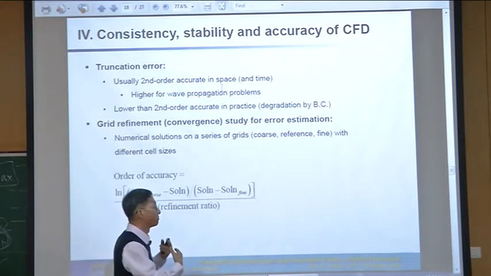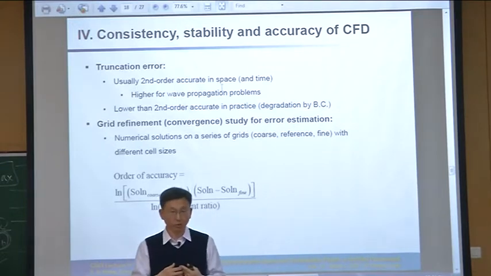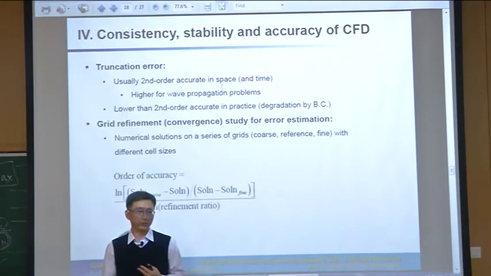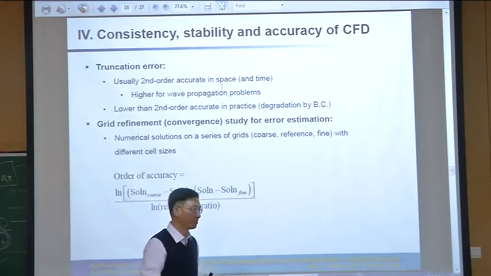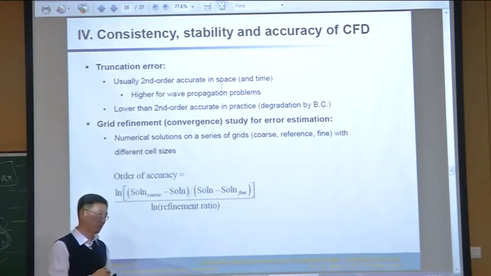But if you check ANSYS Fluent for a particular problem, in many cases it's lower than second order. Why? Because of boundary conditions. So 1.7, 1.5, and so on. Then the question is the discretization, probably first order.